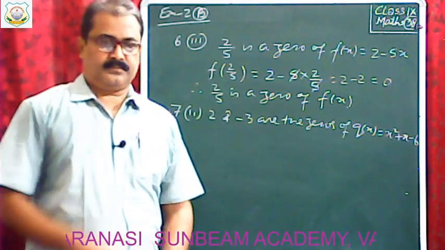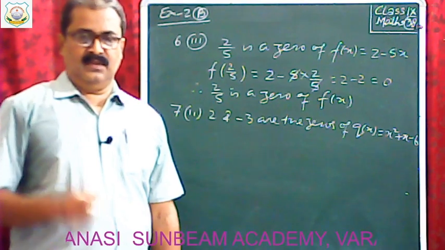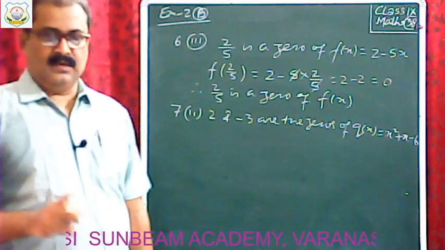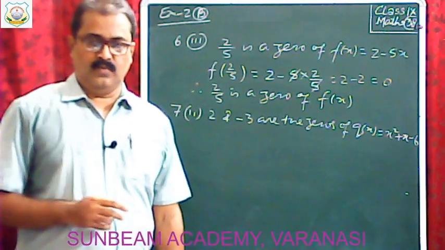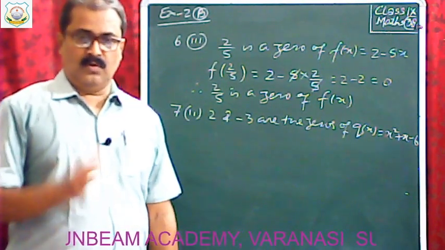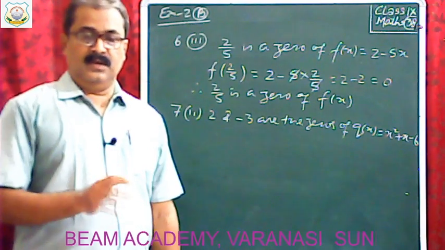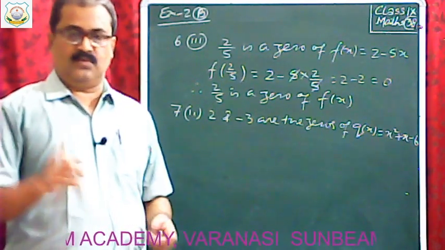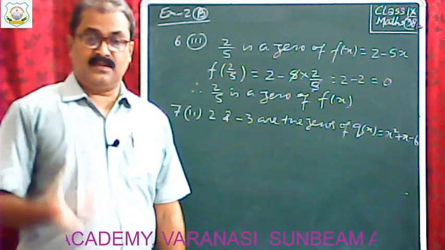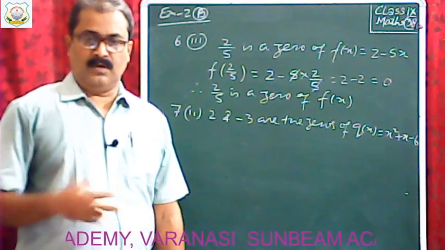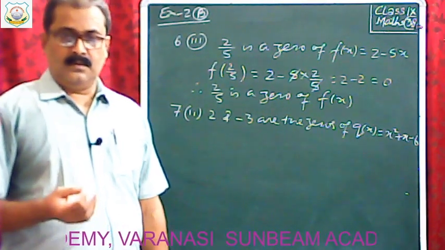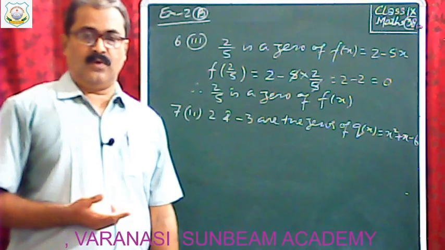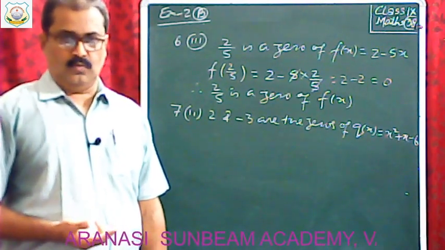Actually, in case of a linear polynomial, at most the number of zeros we get is 1. Linear means 1 degree polynomial. The number of zeros depends on the degree of the polynomial. In case of a quadratic polynomial, that means 2 degree polynomial, at most the number of zeros is 2.